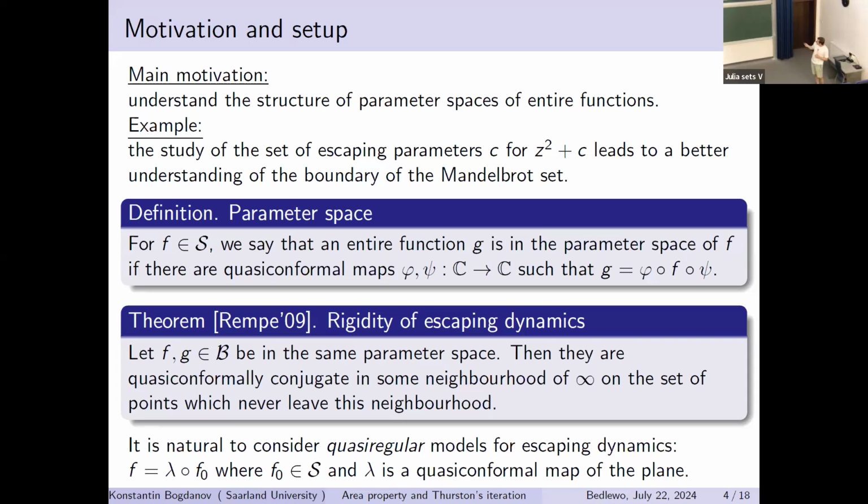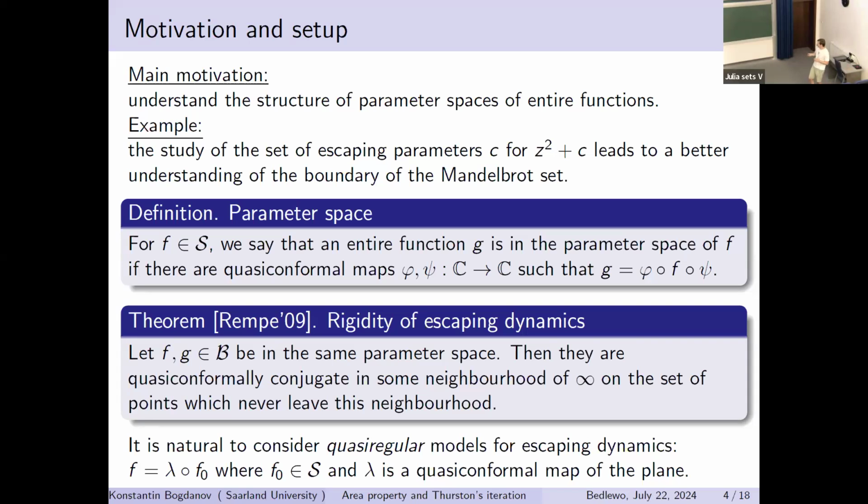So maybe another good approach is just to take a quasi-regular map, which is a composition of F naught from the Speiser class with some quasi-conformal map.